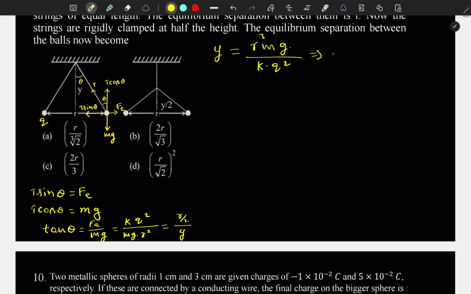So from this what do you get? Y is directly proportional to r cube. So y is equal to some constant c into r cube.